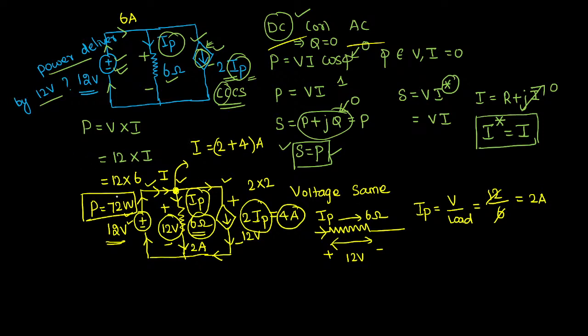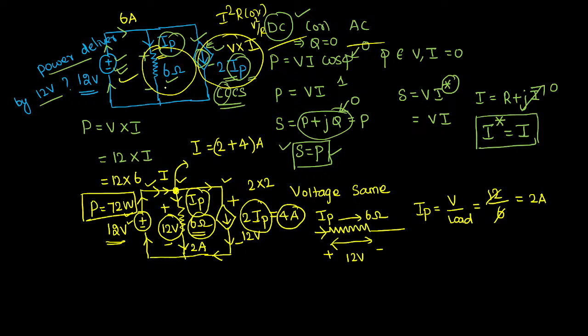Now my request is, I found the power delivered by the sources, right? Yes. Now check the power absorbed by the 6 ohm resistor, power absorbed by this battery, this dependent source. How will you find? For the resistor, either you can use I square R formula or V square by R. And for the dependent source, same formula: voltage across the dependent source and current flowing through the dependent source.